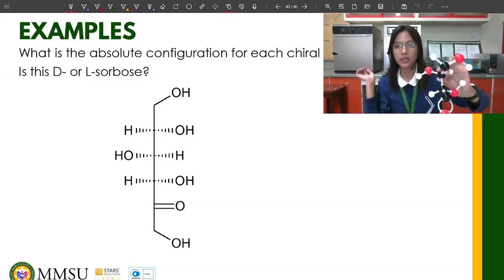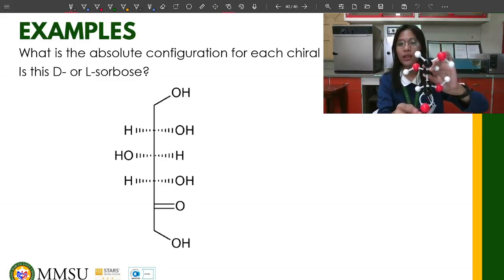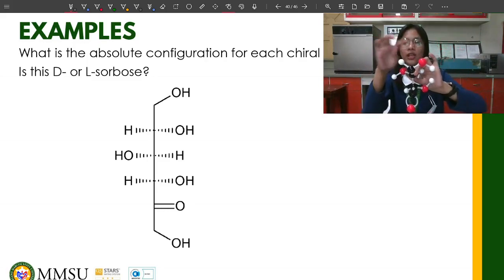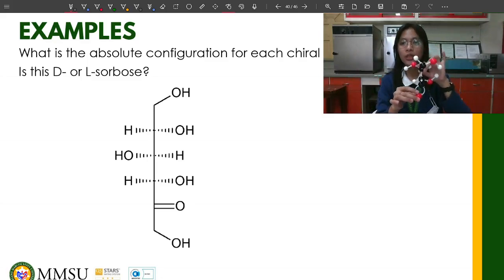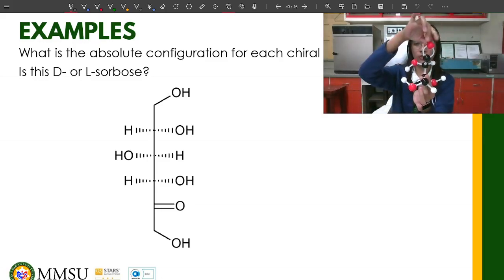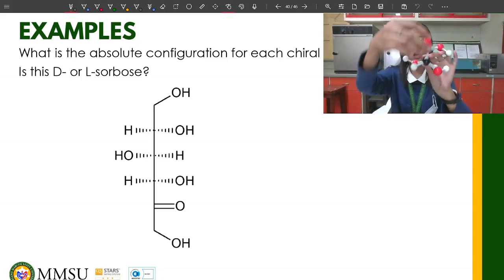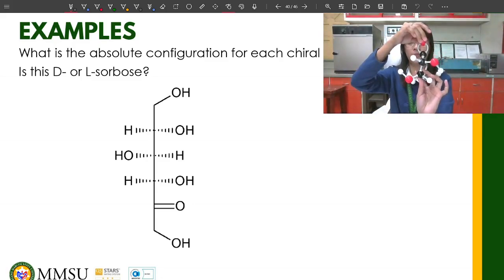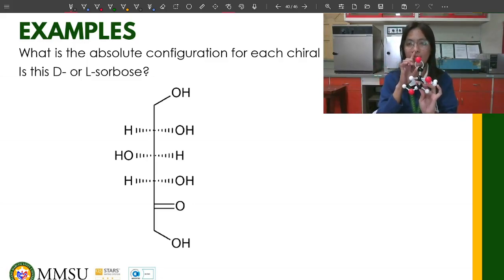So, the problem here is dapat nasa taas yung C double bond O mo, and then yung mga horizontal dapat nasa towards sa inyo. So, ang rotation lang natin na pwede is either pa ganito, nasa taas na yung C double bond O mo, or pa ganon, paharap. So, nasa taas din yung C double bond O mo. So, either rotations, ang ending is nasa taas yung C double bond O mo.